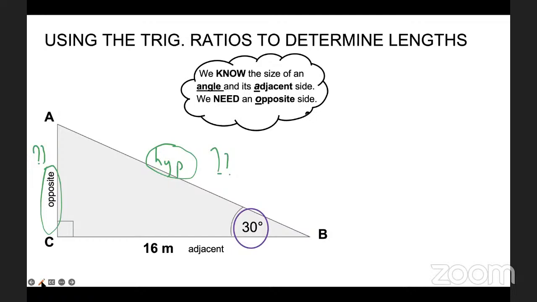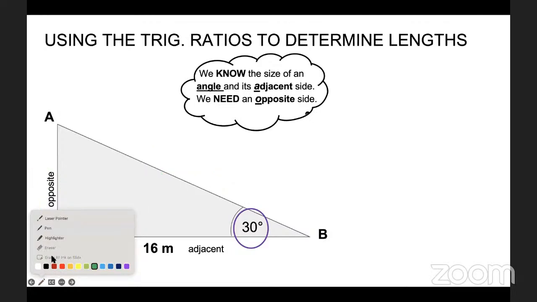You would not be able to use it to find the opposite on the first go. You could use it to find the hypotenuse measure and then use it again. But if you want to find the opposite on your first calculation, the sine would not be the most applicable ratio there.